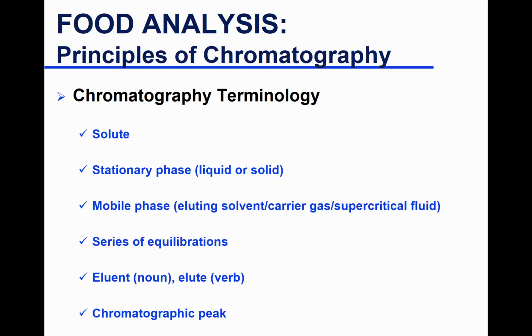And as one component leaves the column, you get that reading. As this one is leaving the column at different time points, you get readings until all of it has left the column and you don't see any more reading.